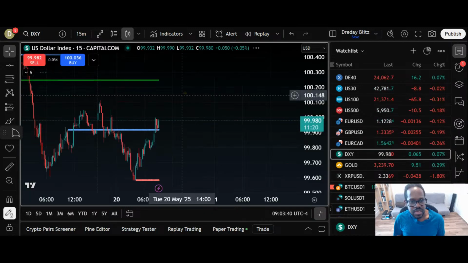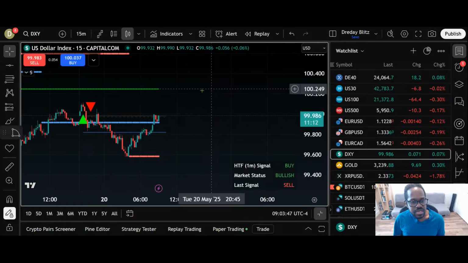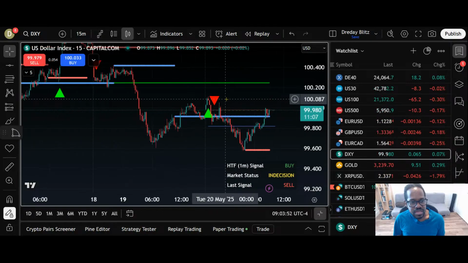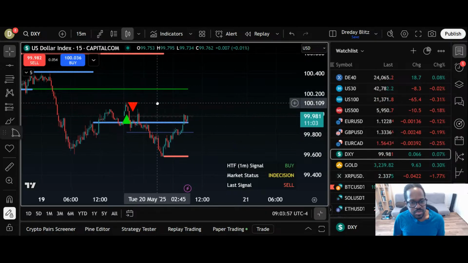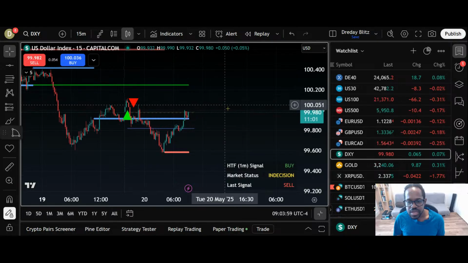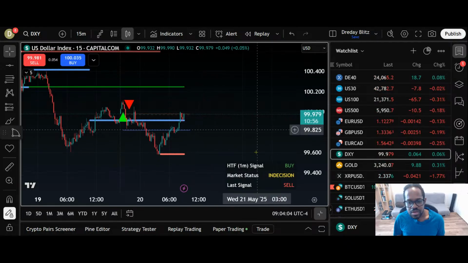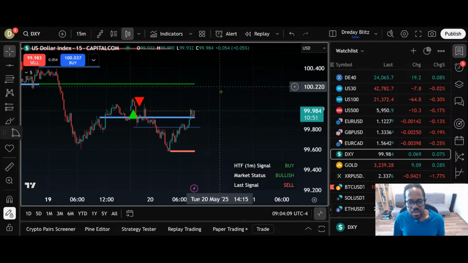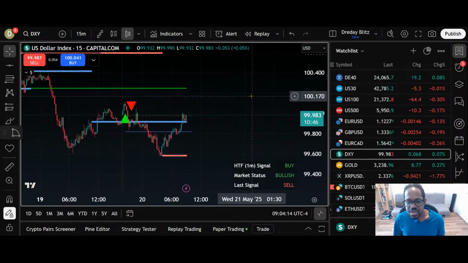So if we look at DXY, it should be pushing up. And that's exactly what we have here. We didn't have a buy signal yet on DXY, but if we have a GU sell, we should get a buy in the next couple of minutes, hopefully. Right now it's indecision bullish, and that means the 1 minute signal.